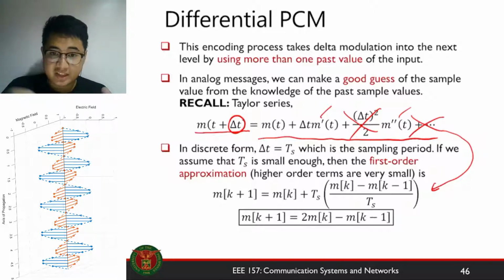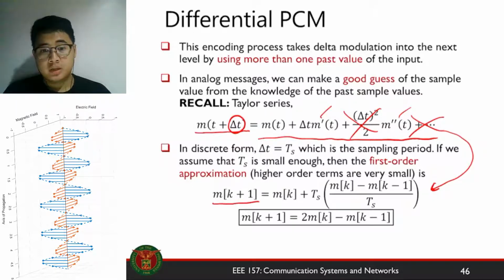If we let delta t be the sampling period, and we assume that delta t is small enough, your first order approximation looks like this. This is your future sample, this is your current sample, and it's related to the previous sample by this equation.